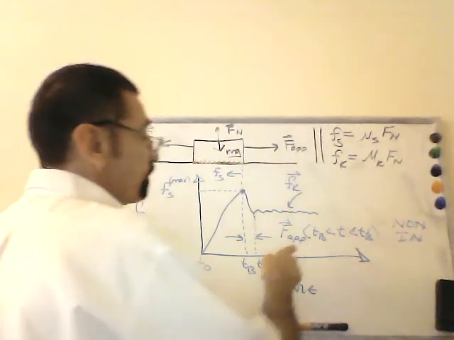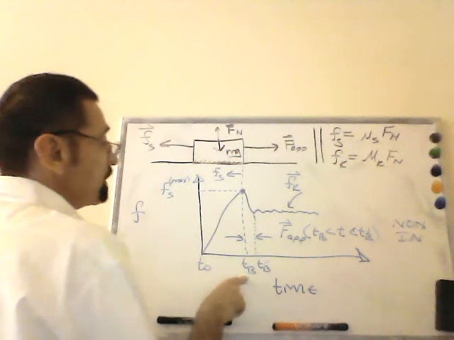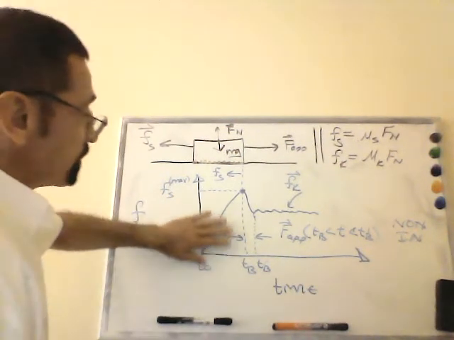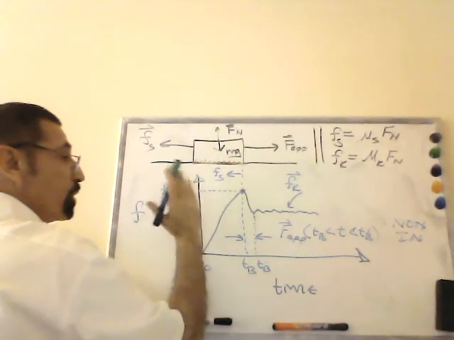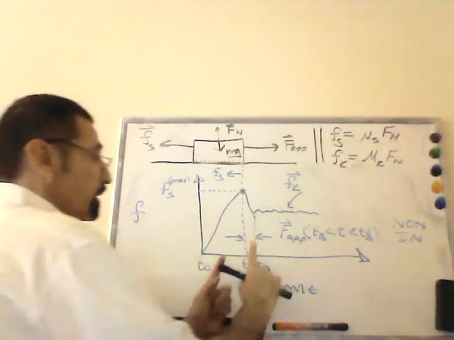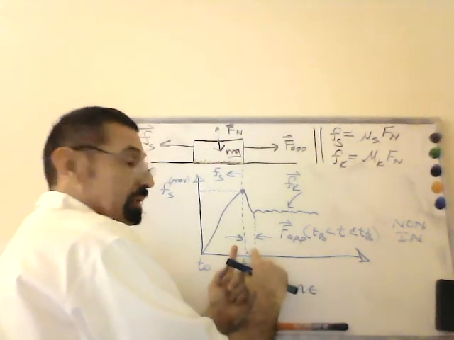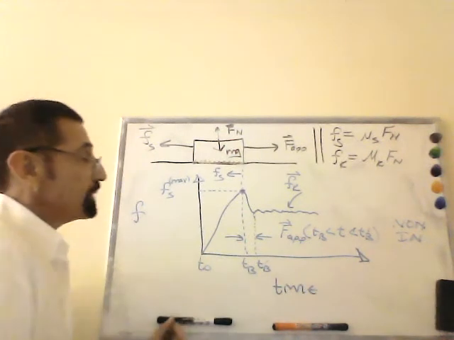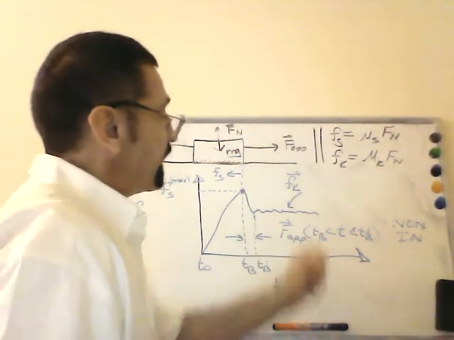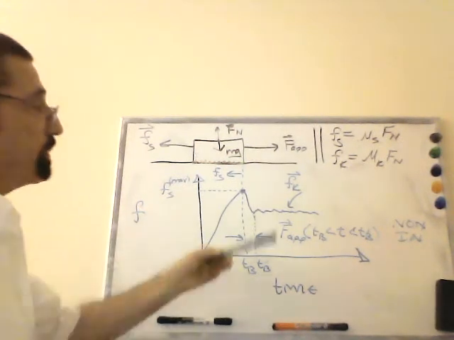For T less than TB, it's an inertial state in this regime. From here over, this is inertial, no motion. Here, it's a non-inertial state. The object is now moving but decelerating.